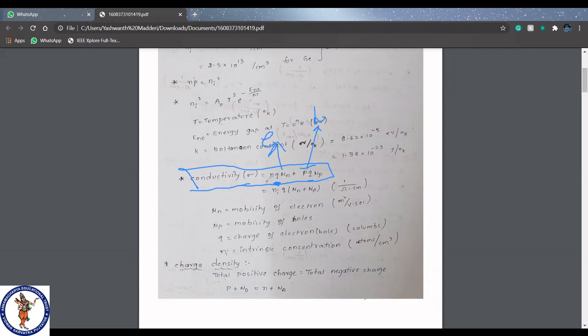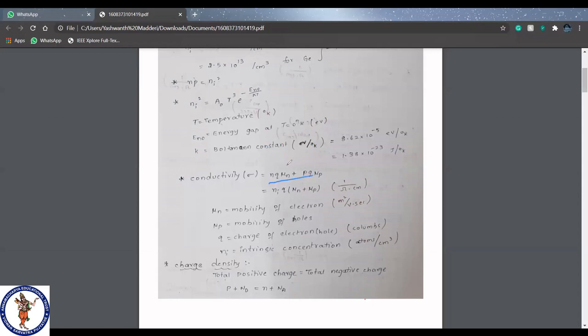In the intrinsic semiconductor, n and p are both equal. There is more or less the same impact of both factors on conductivity. We cannot neglect either factor in the case of an intrinsic semiconductor. We cannot neglect p or n. Both contribute, not the same, but relatively the same, at least by some order, so both terms are equally important.